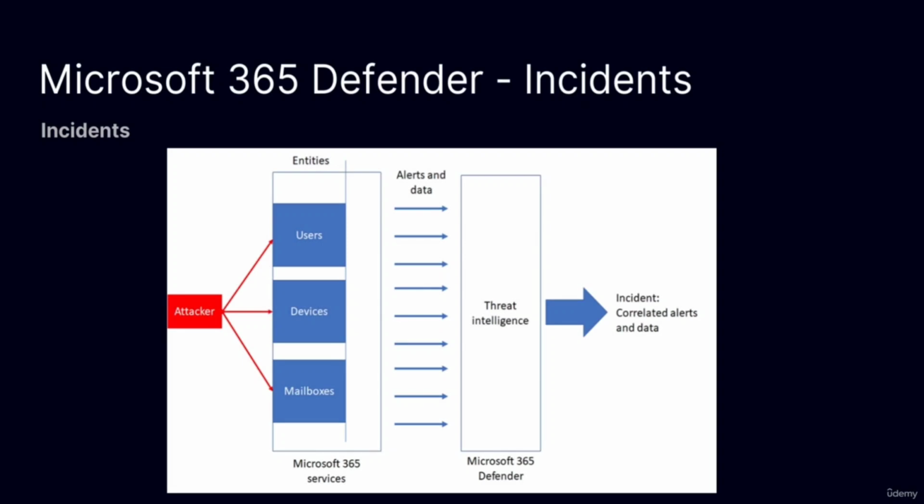All this alert data goes into Microsoft Defender, and then Microsoft 365 Defender uses the threat intelligence to see that, hey, it's the same attacker that is actually attacking all these different entities. In that case, it correlates all this data and creates an incident.